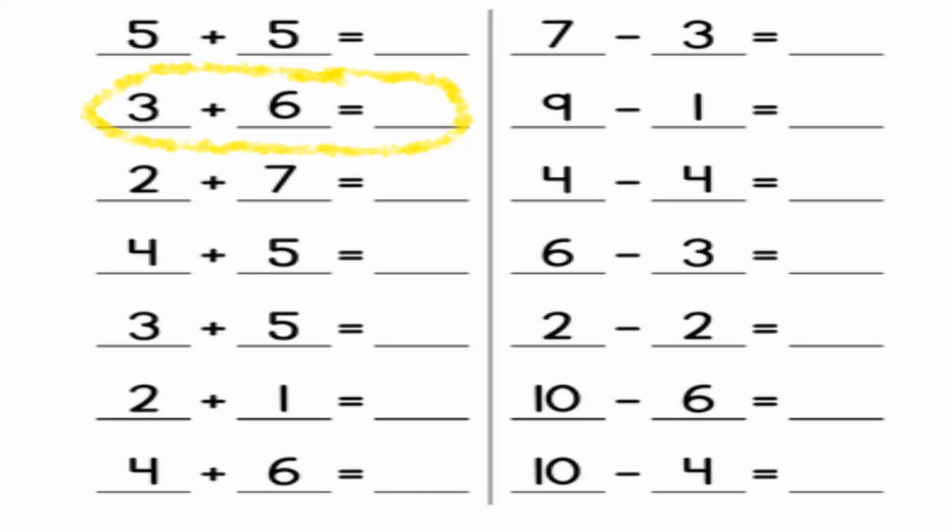So if we're looking into these tasks, for example the story, how can we encourage our child to know exactly what they're doing? Let's say 3 plus 6. When we ask our kid to complete the calculation, what is 3 plus 6?